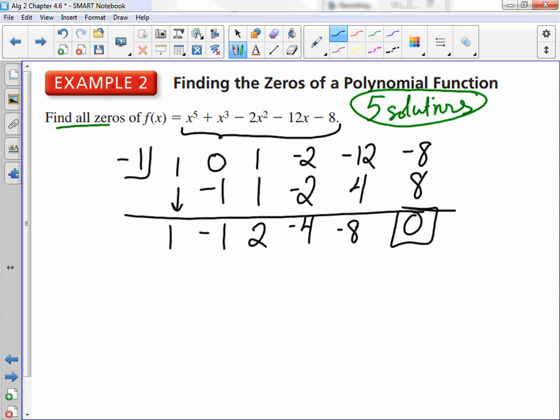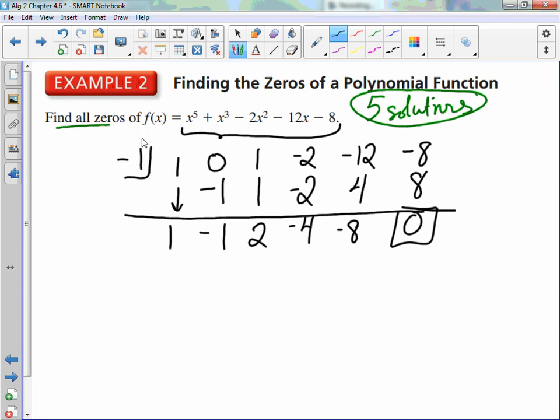That's what we wanted. Now I mentioned this earlier in this chapter where I talked about the fact that if a graph touches the x-axis, it has an even multiplicity. Y'all kind of remember that vaguely? If a graph of a function touches the x-axis but doesn't cross it, it has an even multiplicity, which means that the number of zeros at that spot is an even number of times.